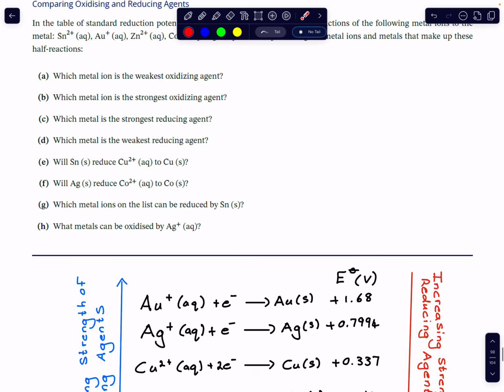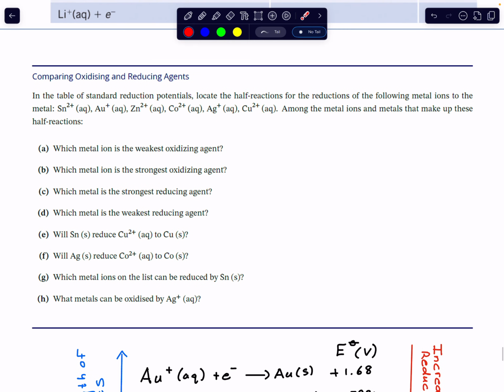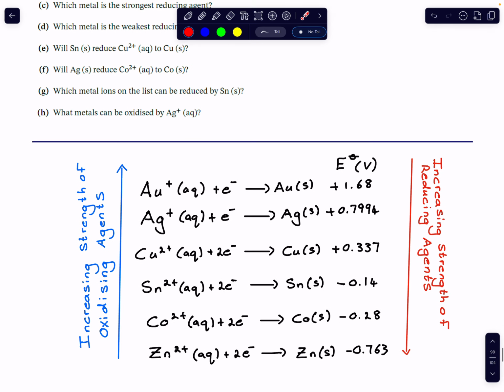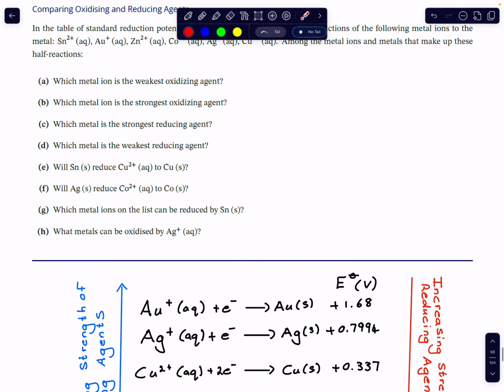And that actually answers our first 4 questions, because which metal ion is the weakest oxidizing agent?